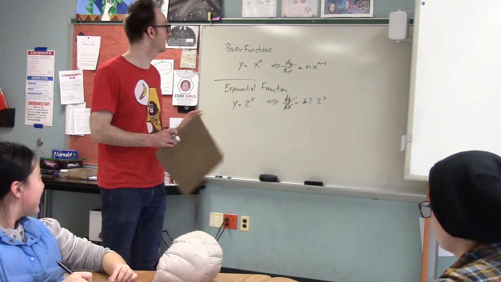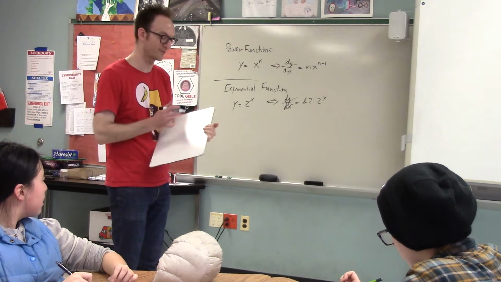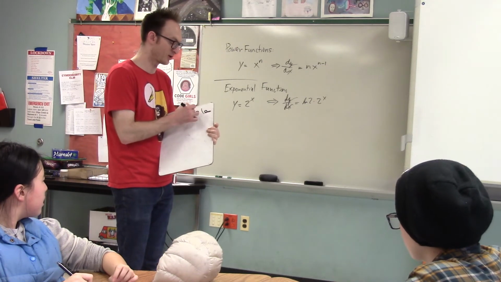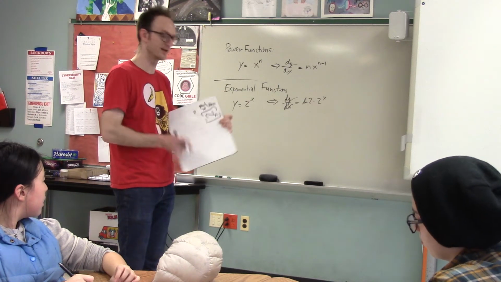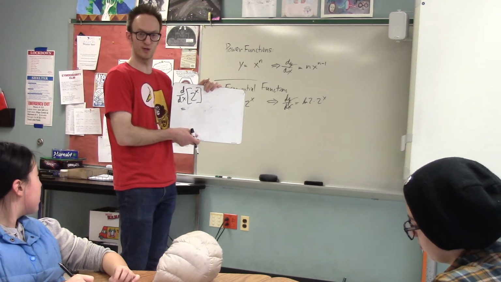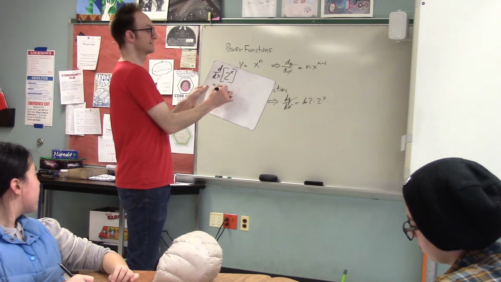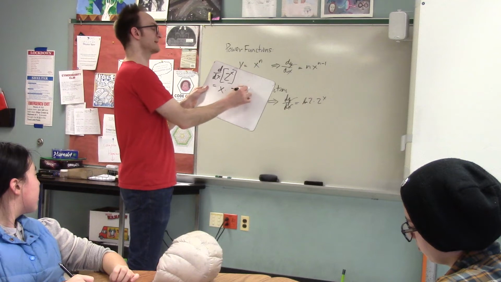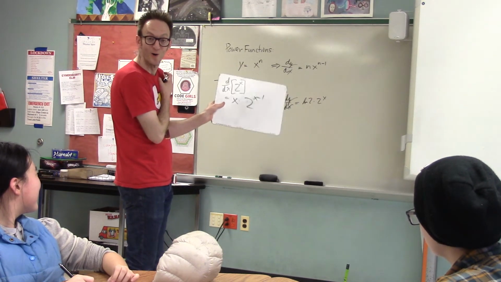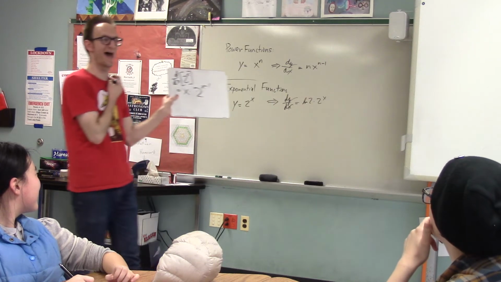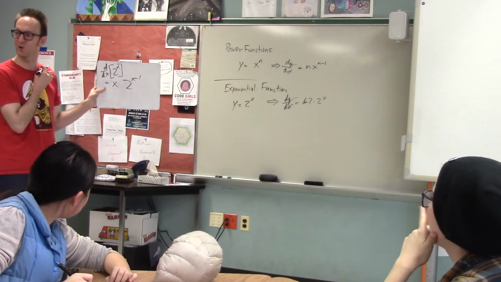The thing that's so bad that I hope it never happens to you or any of your loved ones is if you go to differentiate 2 to the x, and you're like, that's just a number to the number, let me just do x times 2 to the x minus 1. No! Very bad. That is very bad and very wrong and just total garbage.